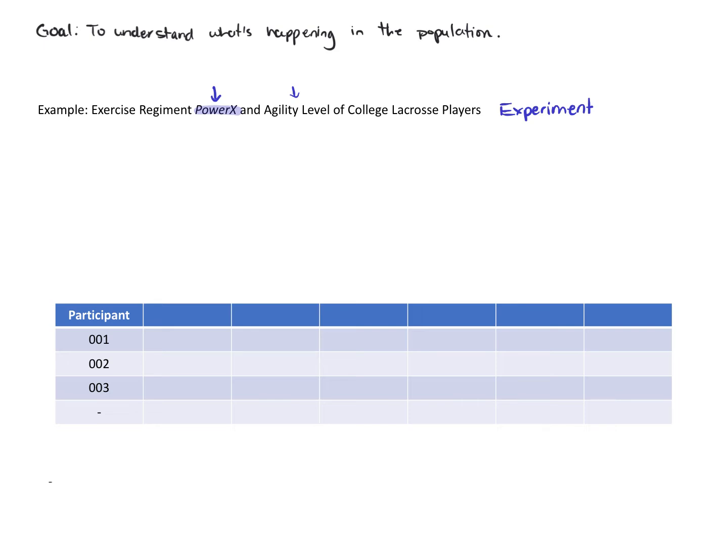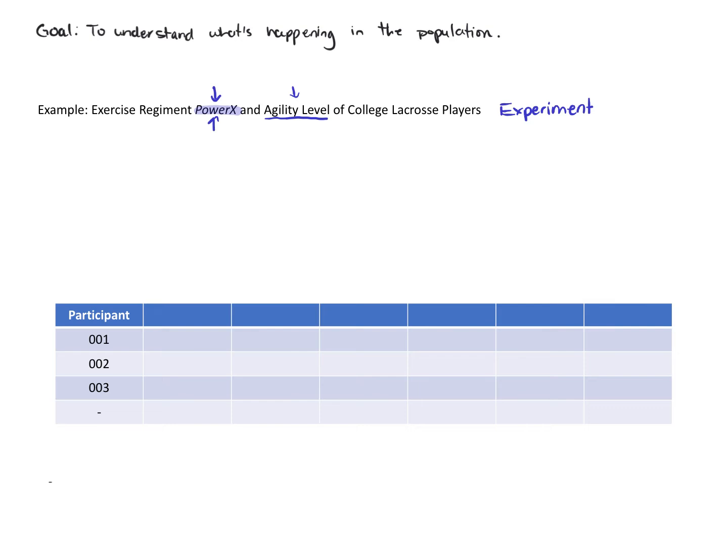In this experiment, you would test the athlete's agility level before they do the exercise regimen, and then you would also measure their agility level after they do the exercise regimen. Okay, so an observational study would be a study where you collect data and you're just observing to see what the data shows. So you're not implementing anything or experimenting on any tool to see if there's an effect. So that would be an observational study.